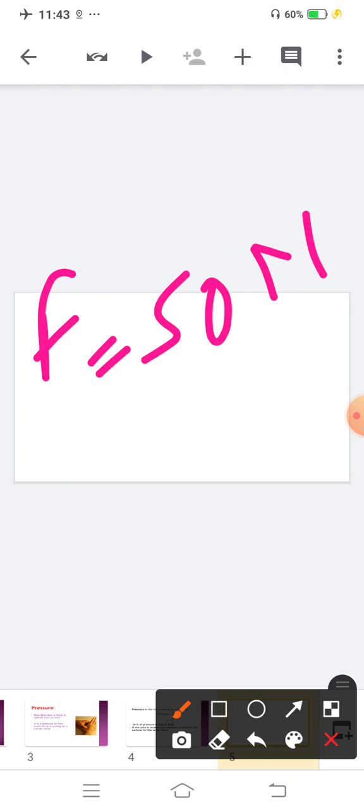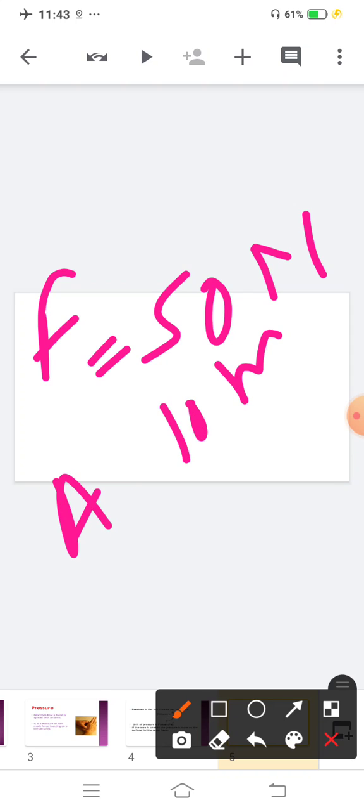Now calculate the pressure produced when the force is 50 Newton and the area is 10 meters square. We know that P is equal to F upon A. Force is given, that is 50 Newton. Area is given, that is 10 meters square. You have to find pressure.